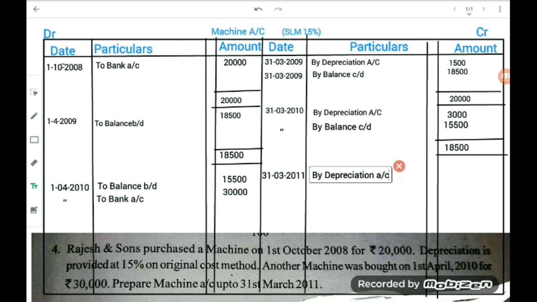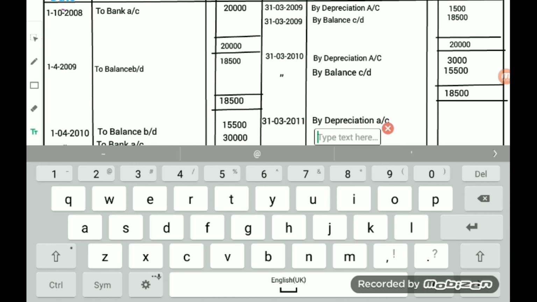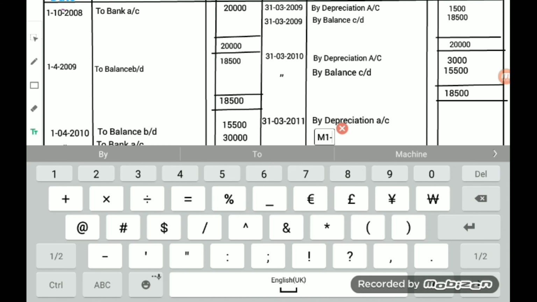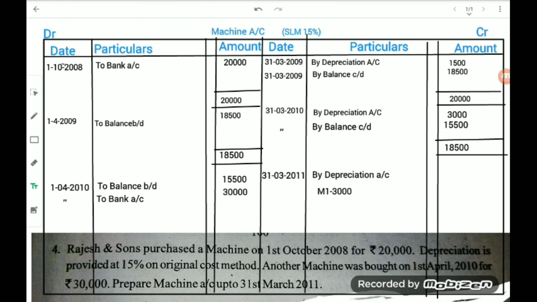But here we need to calculate the depreciation for machine 1 as well as machine 2. Machine 1's depreciation we already have. How much is that? That is 3,000, already calculated fully for the first year.